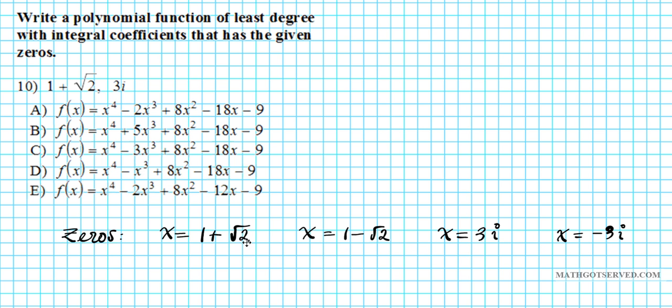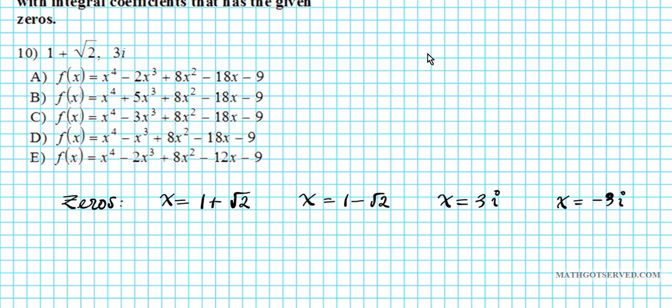Now, since we're looking for zeros, we're going to set all these four equations equal to 0. I'm going to write these in a way that makes our life easy. So I'm going to subtract 1 plus root 2 from both sides, and over here I'm going to subtract 1 minus root 2 from both sides.